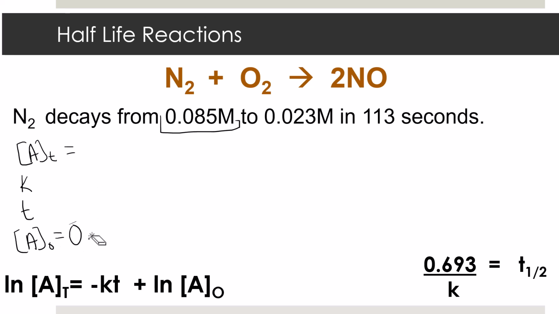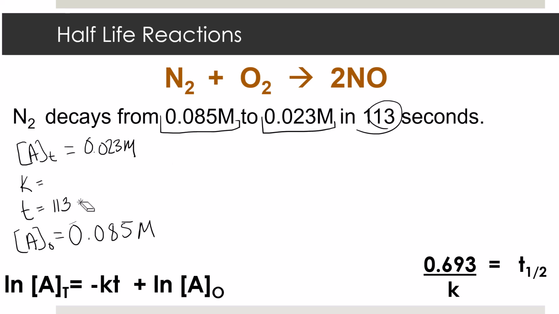The higher number is always initial, because reactants go down. Then our final, or at time t, is the lower number, 0.023. The last bit of information I'm given is the 113 seconds. That's the amount of time that ticked by when our concentration changed. So I know 3 of the 4, and I'm going to solve for k. Right now we're going to plug and chug: plug it into our equation and chug our way through it.